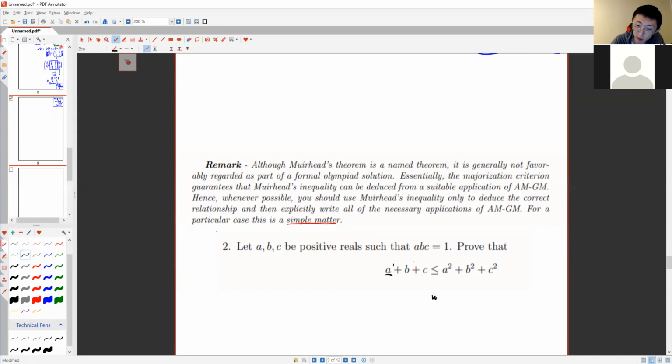Here everything is degree 1, here everything is degree 2. We'd like to homogenize it so that everything is the same degree. We can do it because we're given this condition, and we can also apply AM-GM since they're positive reals. AM-GM needs homogeneous.